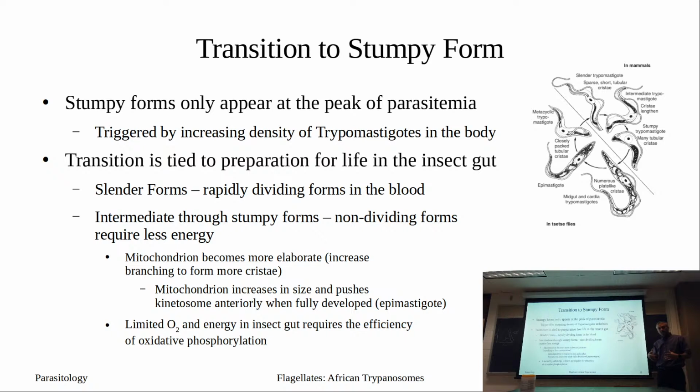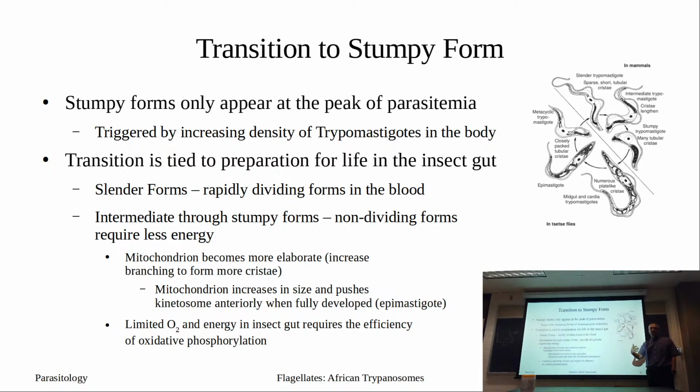As it's enlarging, it's slowly pushing the kinetoplast anteriorly, pushing it forward, to the point where, when we are in the insect host and utilizing the electron transport chain for our ATP production, it's pushed so far ahead that now the kinetoplast is anterior to the nucleus. We still have our flagella, we still have the undulating membrane, but now our kinetoplast is anterior to the nucleus.